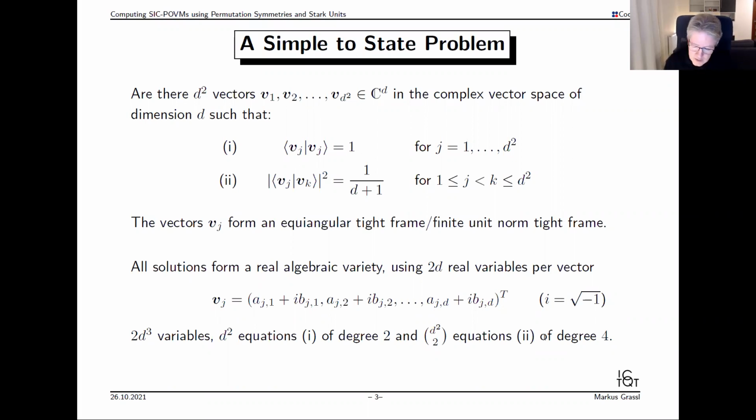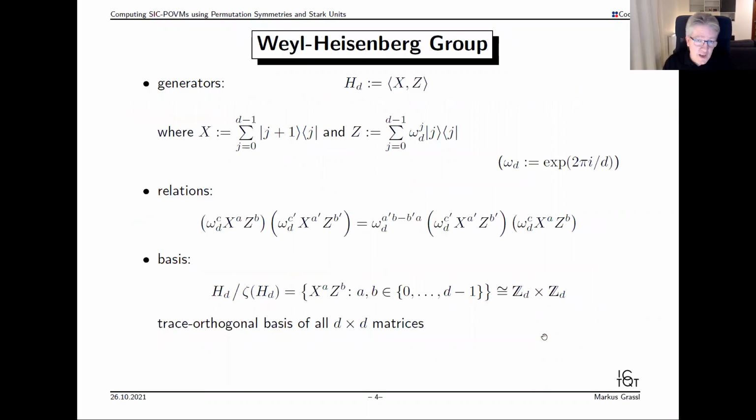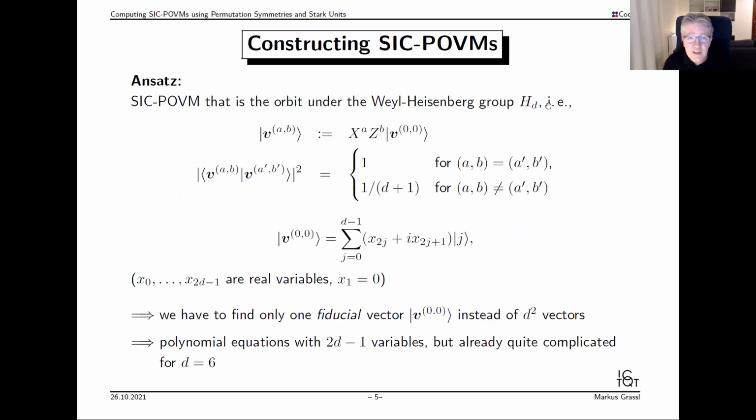This is also related to the fact that we have a lot of symmetry and we should make use of the symmetries. One way of making use of the symmetry is actually imposing symmetries. That is via the Weyl-Heisenberg group, where we have a shift operator and a phase operator, also known as translation and modulation operators. At the end of the day, that gives rise to a specific ansatz: we take just an orbit under the Weyl-Heisenberg group.